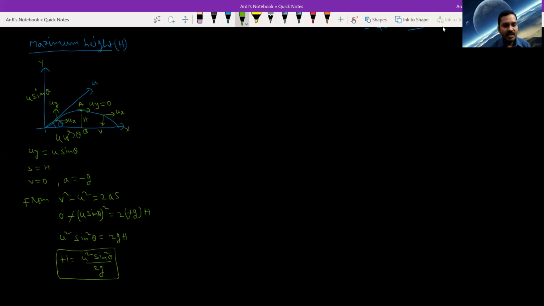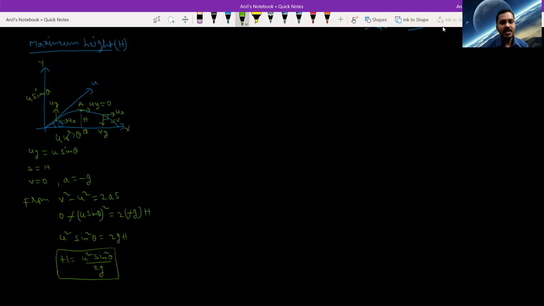The velocity component along y is already 0 at maximum height, which means at point A. So that's why velocity changes from uy to vy, and the angle between these two is 90. Finally, the velocity v is the resultant of ux and vy. With this velocity v, the body lands on the ground level. So this is the maximum height formula: h is equal to u square sin square theta by 2g.